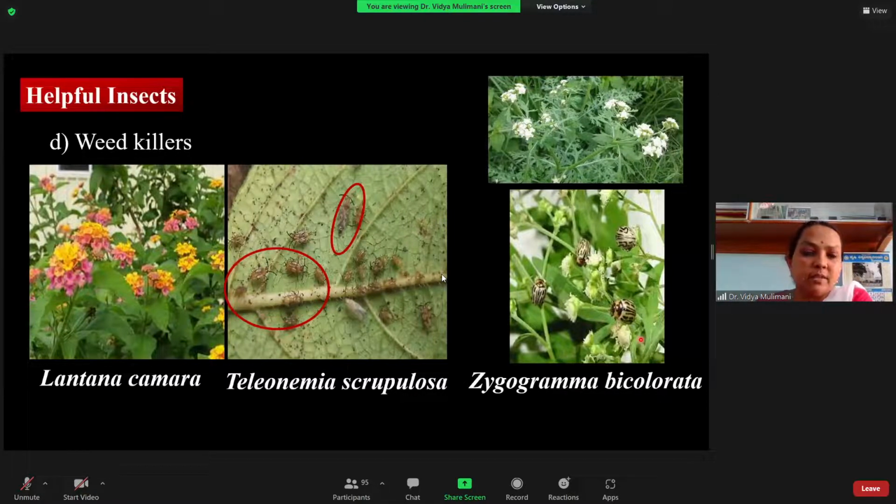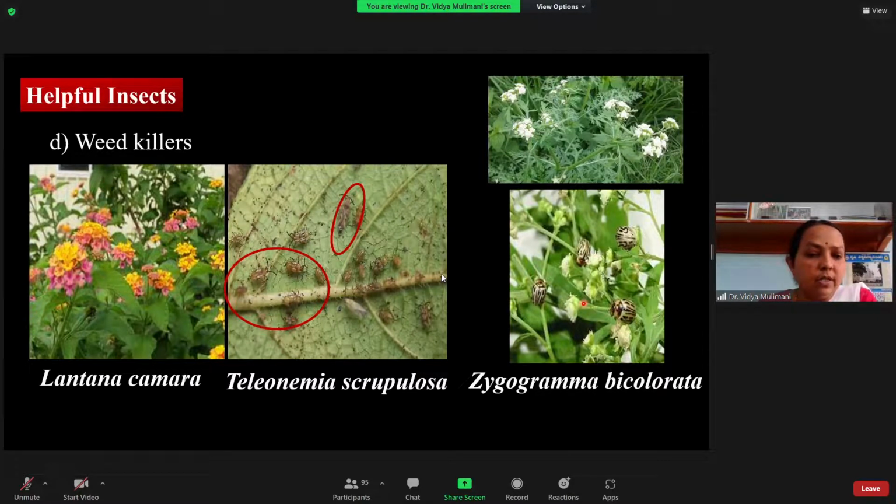It was during that time that the beetle Zygogramma was imported to India from Mexico, and they were released for the control of Parthenium. That is why that particular date in that month we celebrate as Parthenium day. The best example is Parthenium, which is controlled by Zygogramma bicolorata. Both grubs and adults are feeding on it; they are the defoliators.